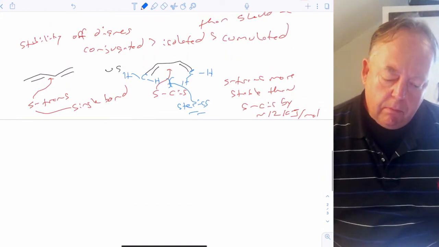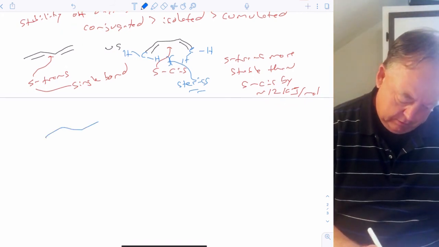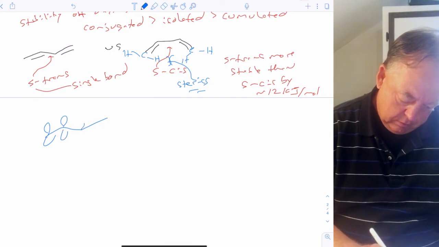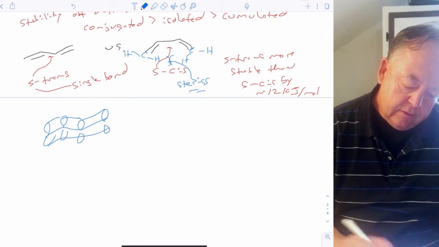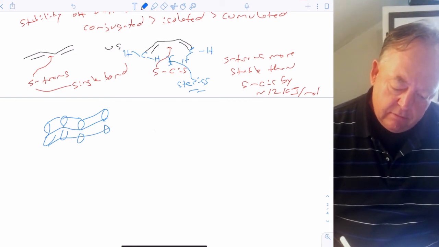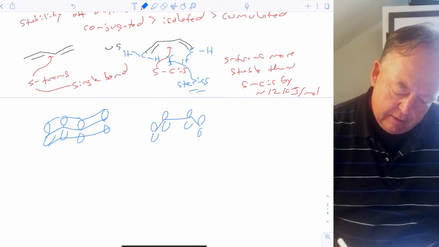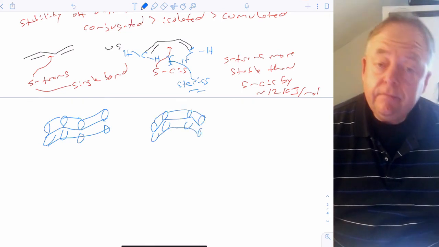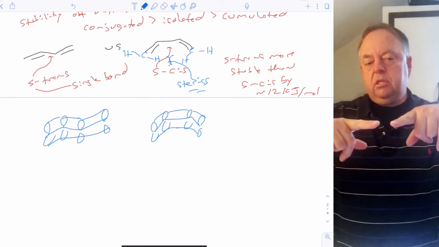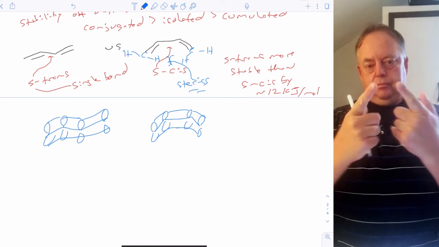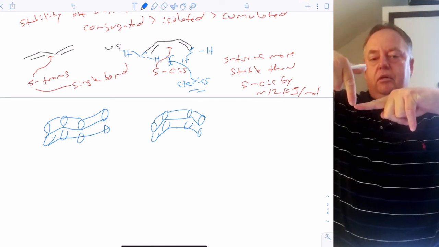But the diene does want to be flat, because if it's flat, then you have conjugation, right? So it can be flat S cis or it can be flat S trans. In both cases, you still have conjugation. So the double bonds want to be flat, either like that or like that, but they don't want to be perpendicular to each other.